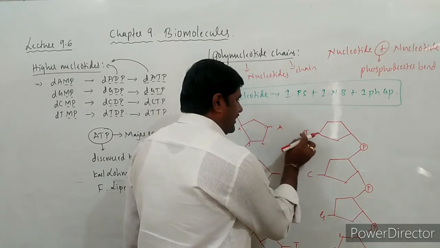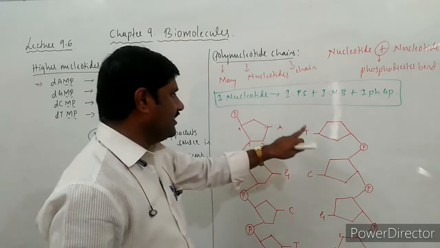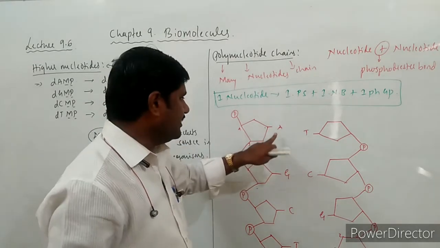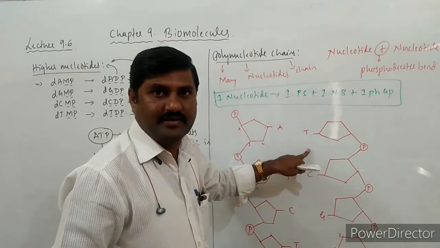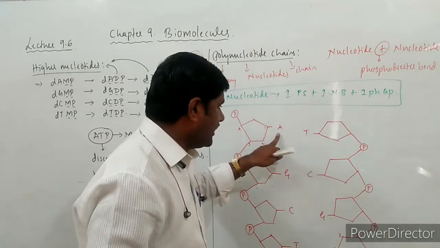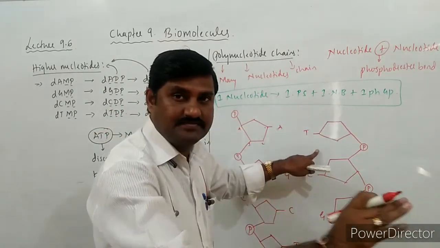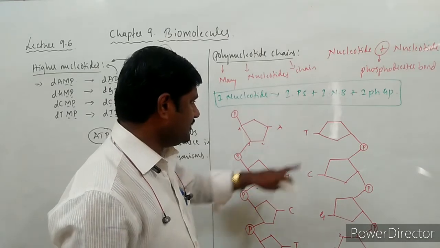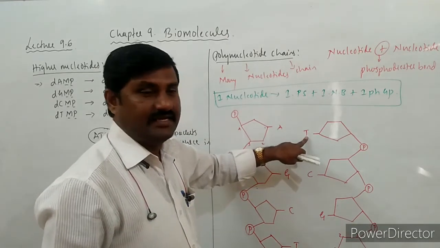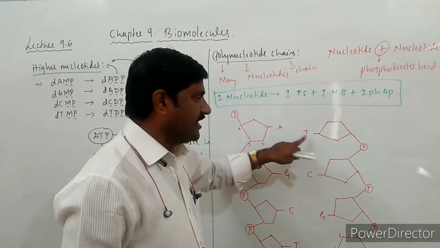So A as well as T are complementary to each other. Why I have written T only here is that one purine is always combining with one pyrimidine. Especially adenine combines with thymine, not at all with the other pyrimidine. It does not combine with C. So that's why these two are said to be complementary to each other.